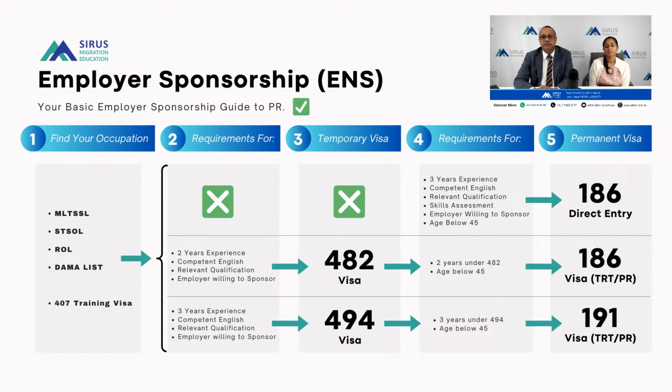Which means you need to apply for 482, work for an employer under the 482 visa for at least 2 years, and then apply for 186 under TRT. And I hope that answered the question.